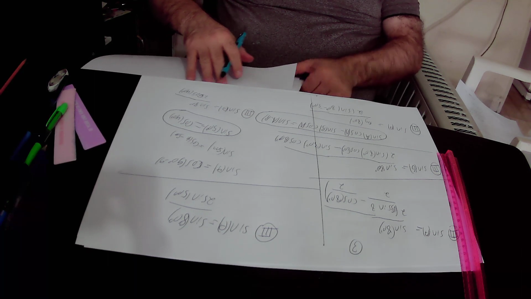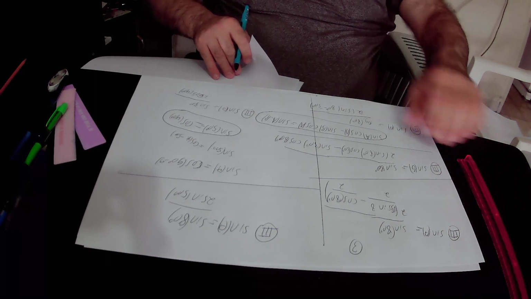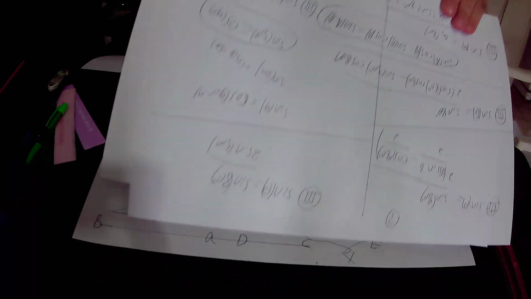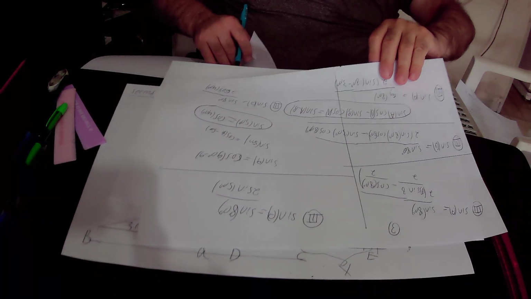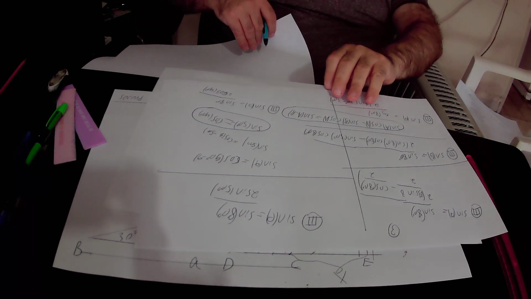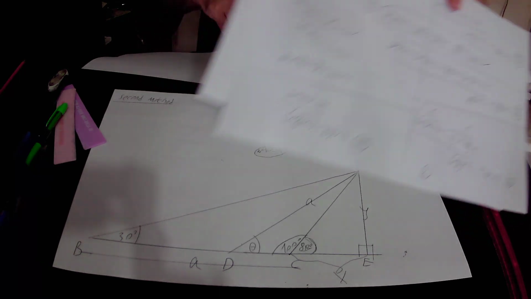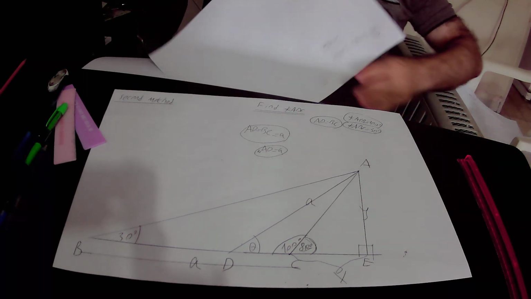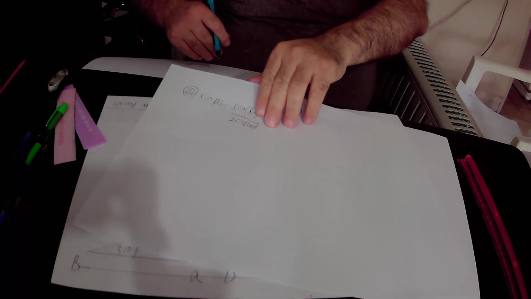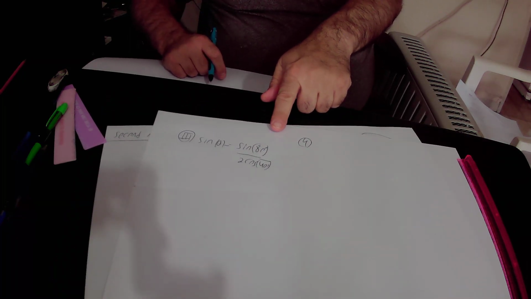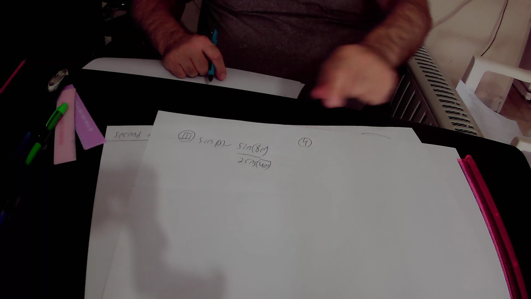Okay, I'll repeat again. We actually found out that sine theta equals to sine 80 degrees over 2 cosine 40 degrees.